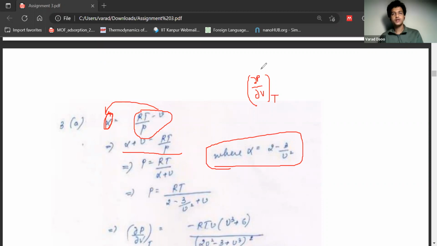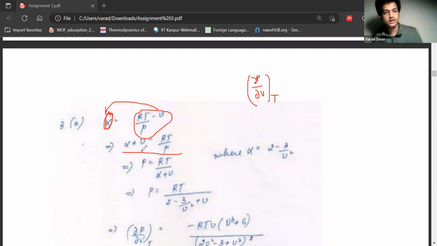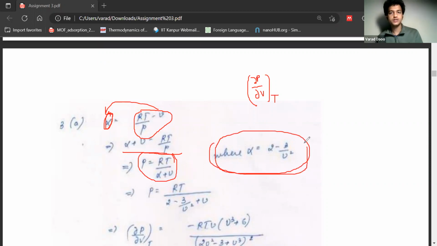And then again we rearrange it. We take p here and swap it, and p is equal to RT by alpha plus v, and alpha has been given as this.